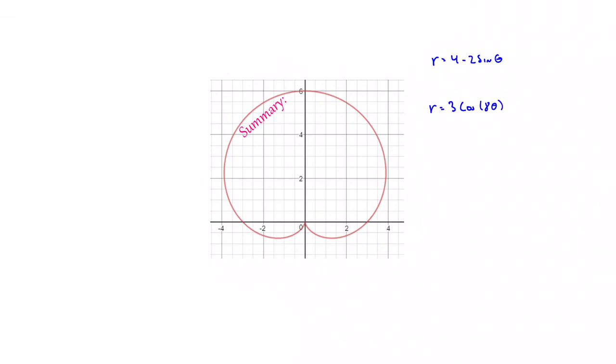So make sure you can identify the equations and also be able to graph them on your calculator. And just so you know, the first example would represent a limaçon without the inner loop, and then the second one, there's no plus or minus, that's the rose, and since n is 8, it would have 16 petals on it.